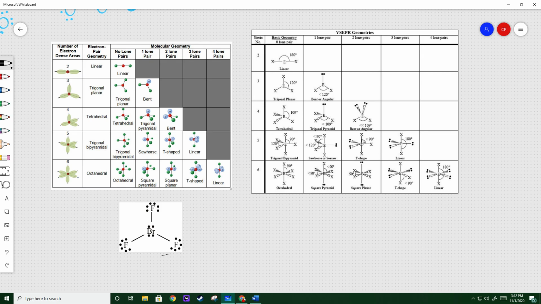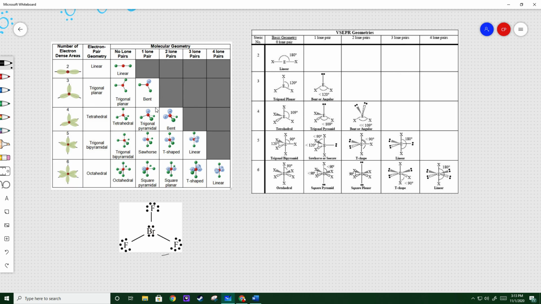So if we look at our T shape, we have a 90 here, so yeah, we probably have 90 right there. But if you look at something like the seesaw, the sawhorse or the seesaw, you're going to have different bond angles. So it's just making sure that you understand that. That's it. Okay.